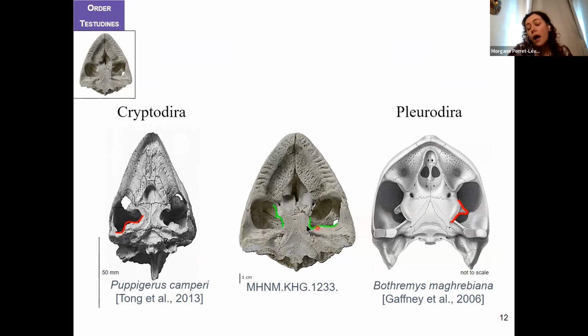I have a sort of thickness, but we can't say it is a process. In the Pleurodira, there is also a process in the pterygoid there. We maybe can say it is a sort of process, but in reality, when you have the specimen in hand, it is only a lateral extension. So we need other criteria.